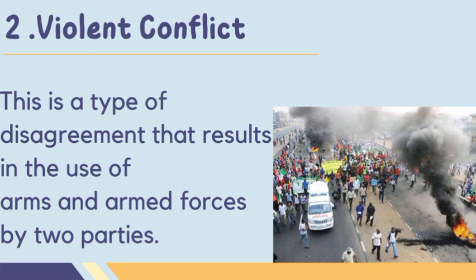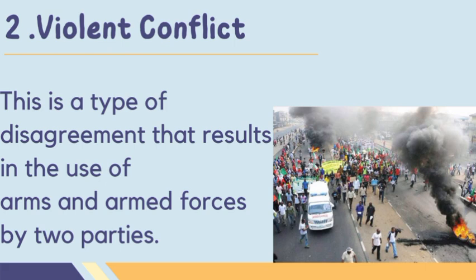Because from the word violence, you know that it has to do with people coming together to show their plight in a violent way, and anything called violent does not end well. So it has to do with killing of people, destroying and spoiling properties, and destroying lives and properties of people.